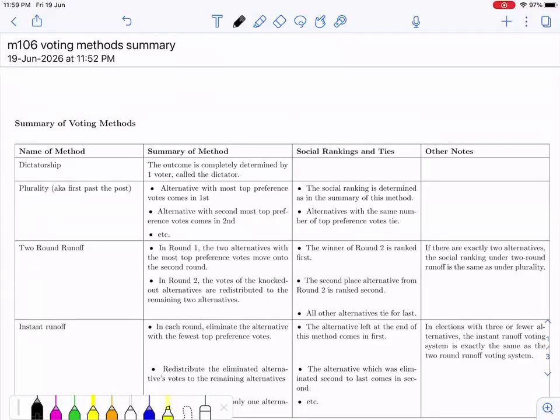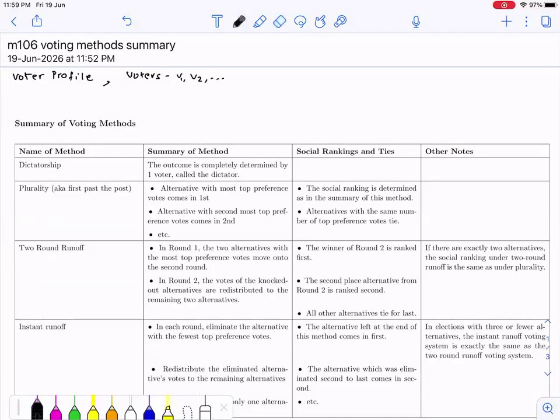So in general, what you would be given is a voter profile. This could be individual voter profiles, like let's say you have voters V1, V2, and so on.